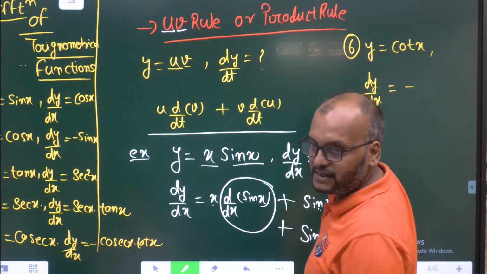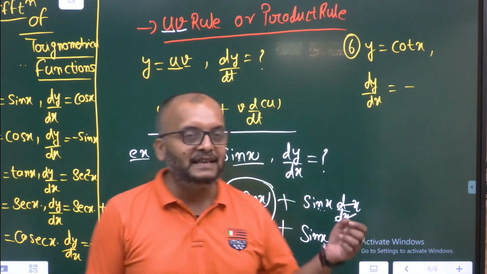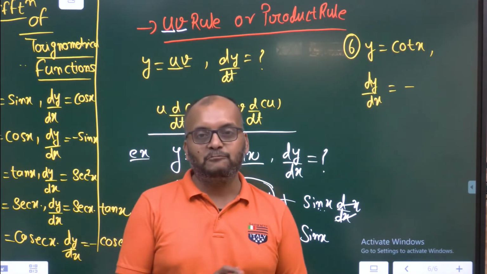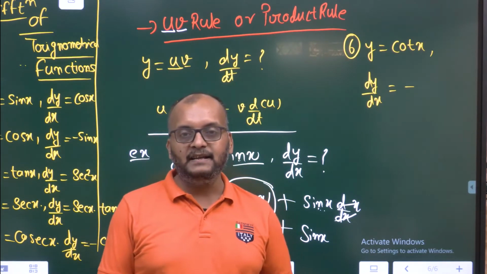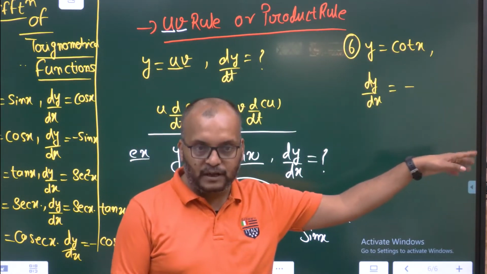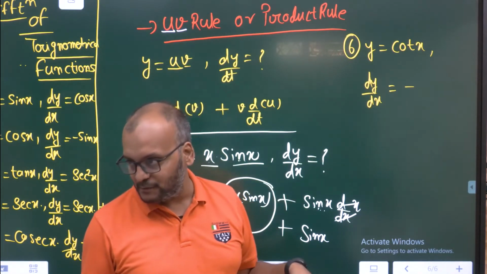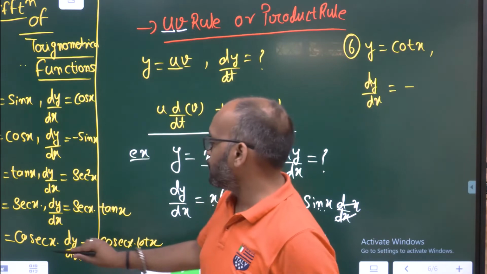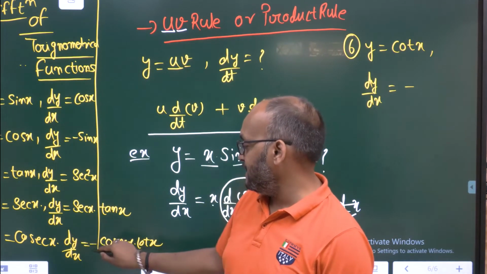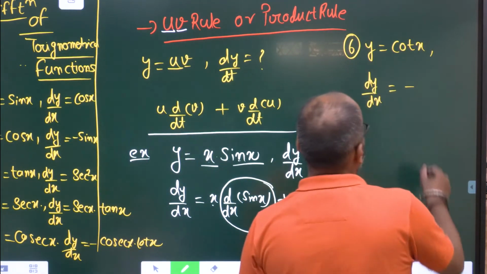Whenever you see C, the trick to remember is C for cat, C means minus. Cos, you will get sine, put a minus because C was there. Cot, you will get cosec square because in tan you are getting sec square, but C is there, again minus will come. Differentiation of cosec gives cosec into cot, but C is there, again minus sign will come. So C means minus in differentiation.